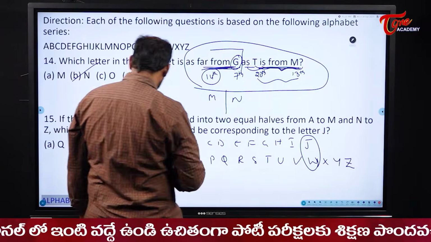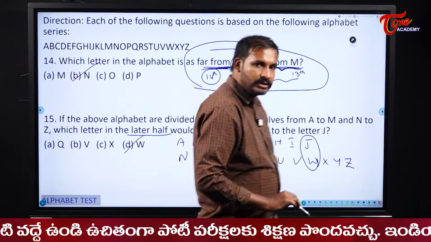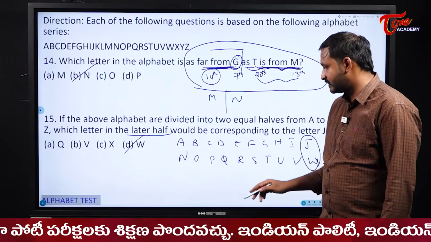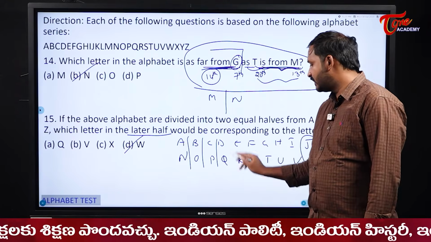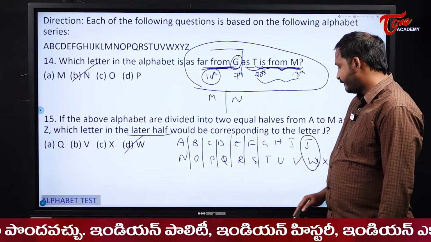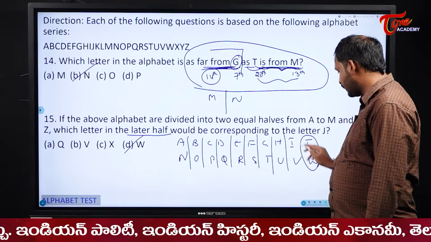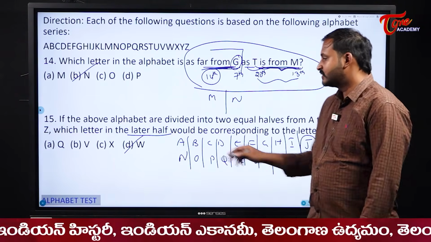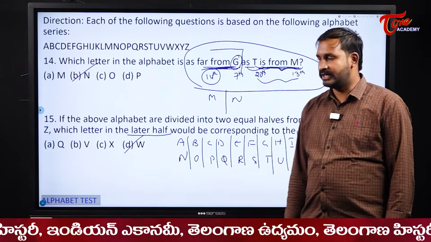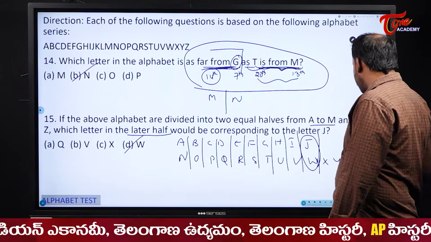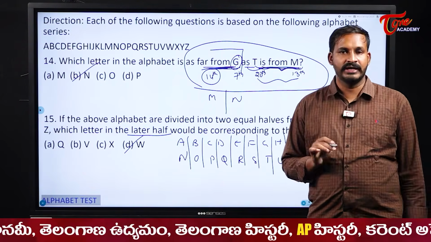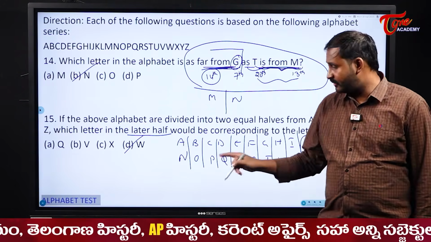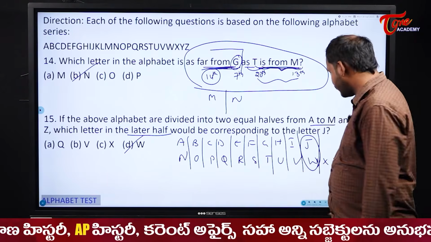W. Please read the question carefully and try to understand it, students. N, A; O, B; P, C; Q, D; R, E; S, F; T, G; U, H; V, I; W, J. So W corresponds to J, and our answer here becomes D. See here, A to M and N to Z. That is the reason we have written it properly. Okay. Right. Next one.